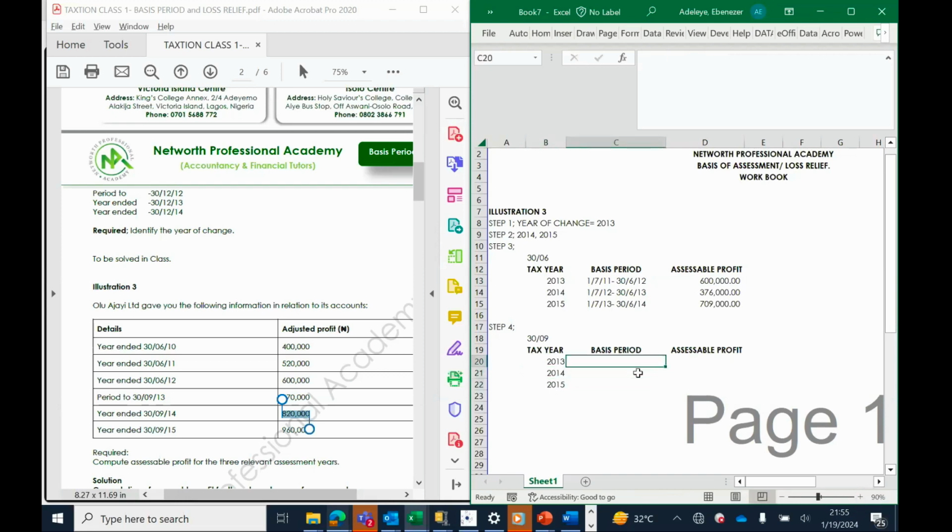So under the new accounting dates, our basis period will now be what? 1st of October 2011 to 30 September 2012.